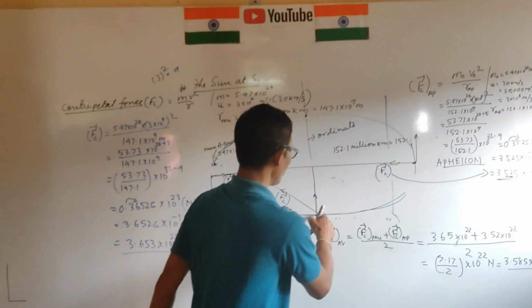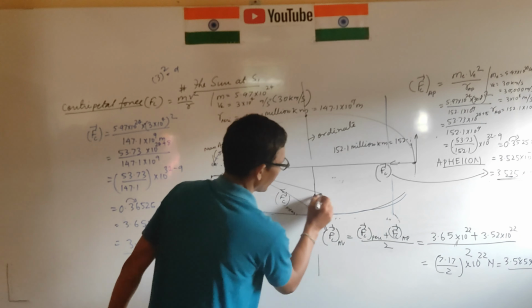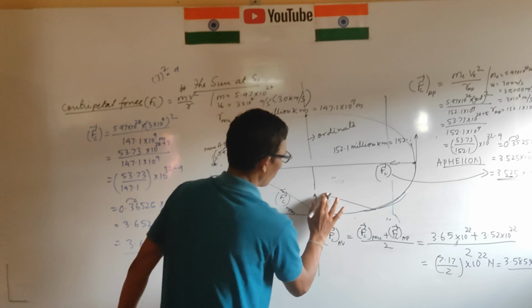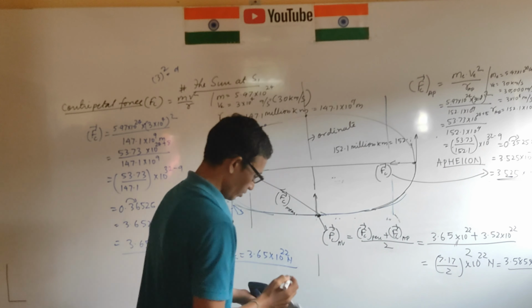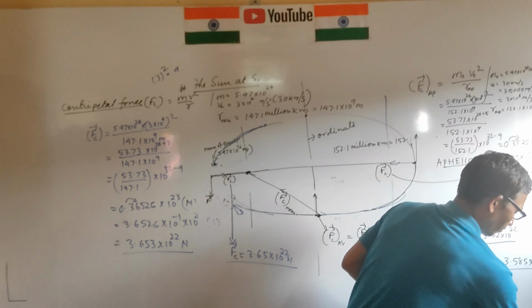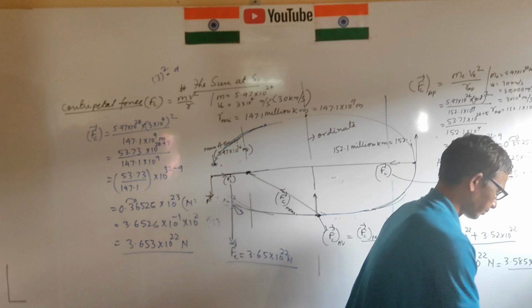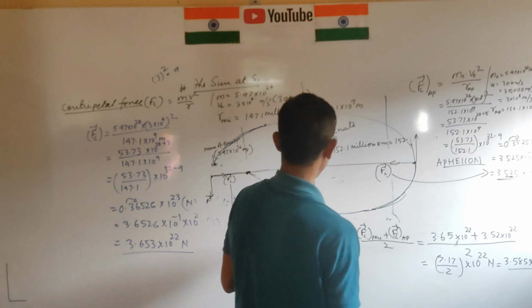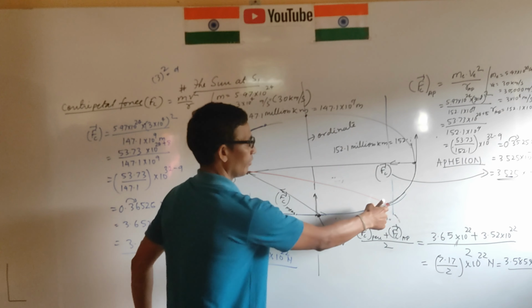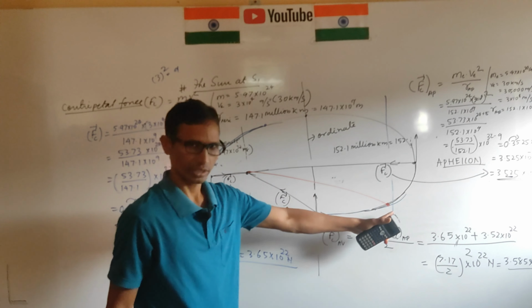This is the average force at this place. This is also average. If the value is like this, we write another marker like this. So here we find out the value of the centripetal force.